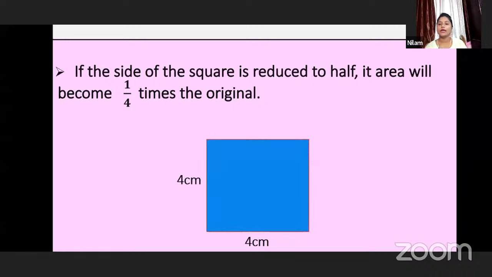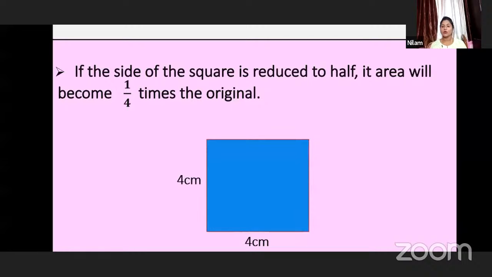Student: 16 square centimeters. Yes, very correct. It will be 16 square centimeters. The area of this square, where one side is 4 centimeter, will be 16 square centimeter.